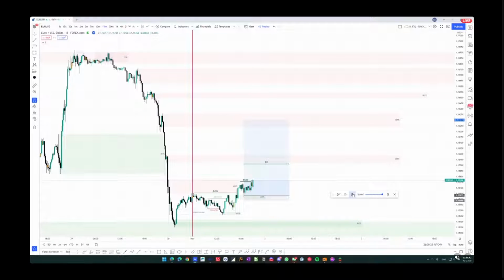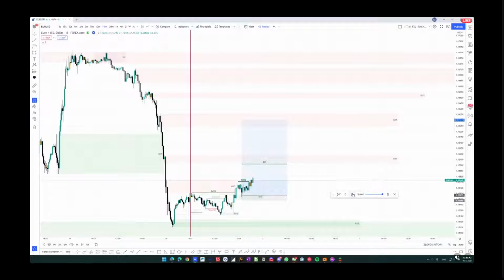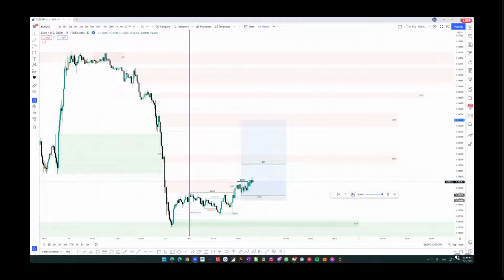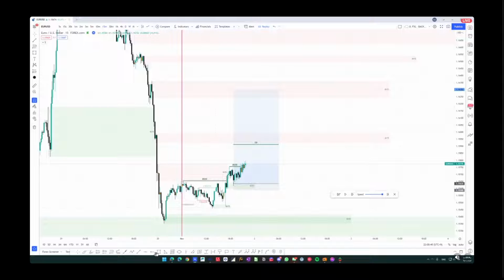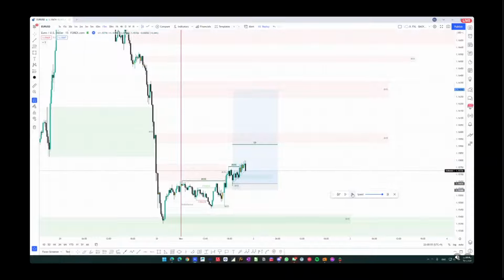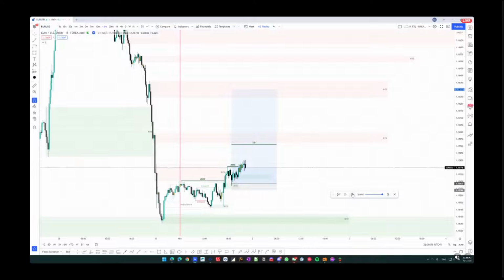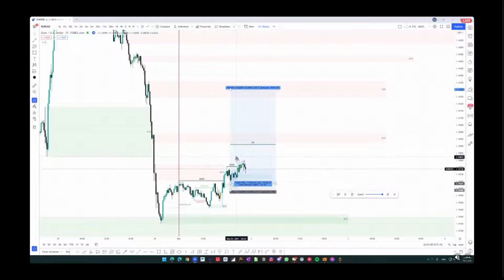And potentially we could be creating another zone here. Not supply, demand zone. So let's mark that as well, because that could potentially be an area to look for entries. Because normally this should hold now. We broke the high.